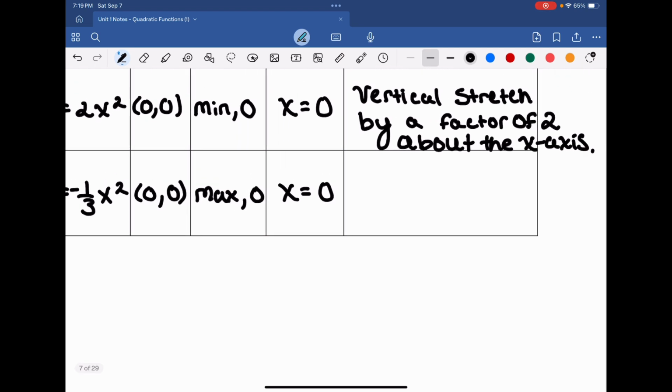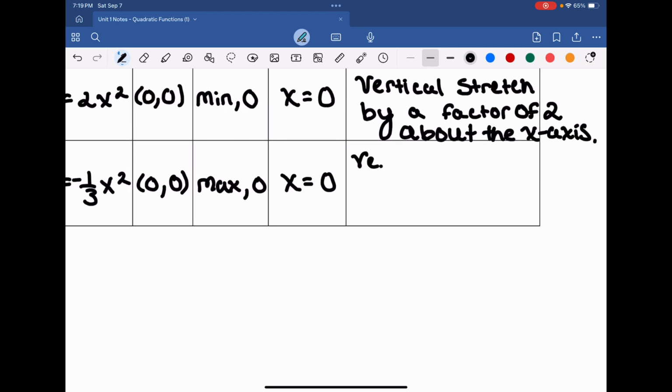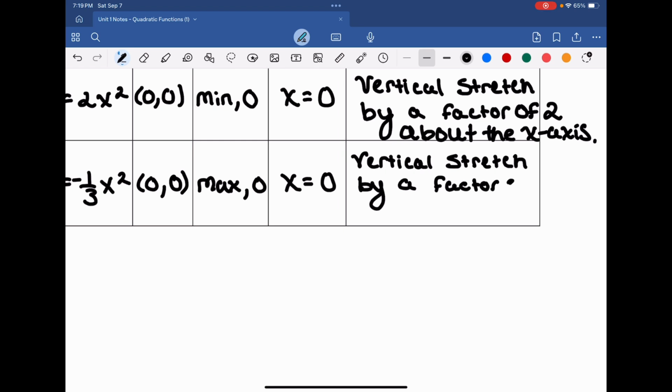And then what we're going to say here is a vertical stretch by a factor of 1/3 about the x-axis.